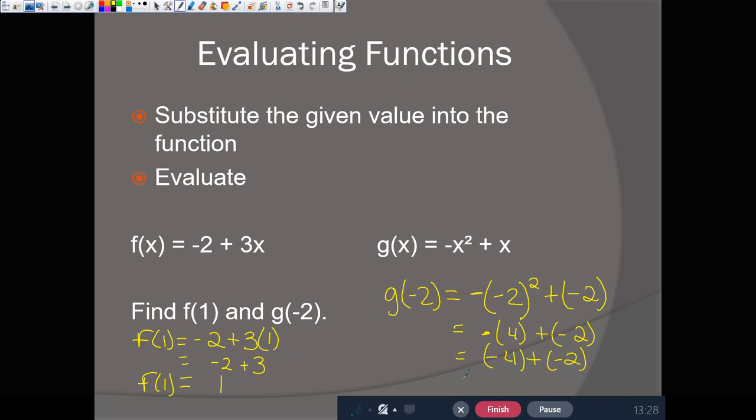So that means that my y value would be negative 6 when my x value is negative 2. Okay? Because remember that the f of x and g of x are just replacing y. You know, that's going to be probably a little bit confusing part, but now we're just going to be practicing with homework, okay?